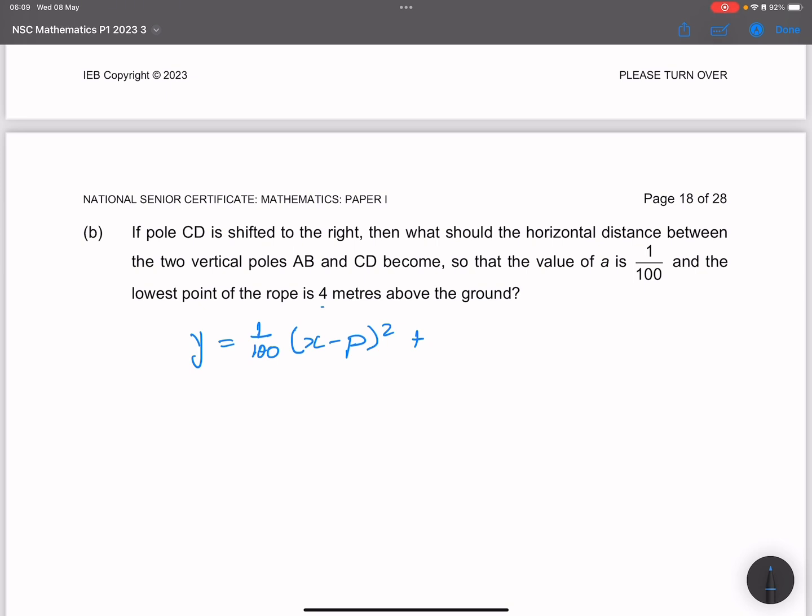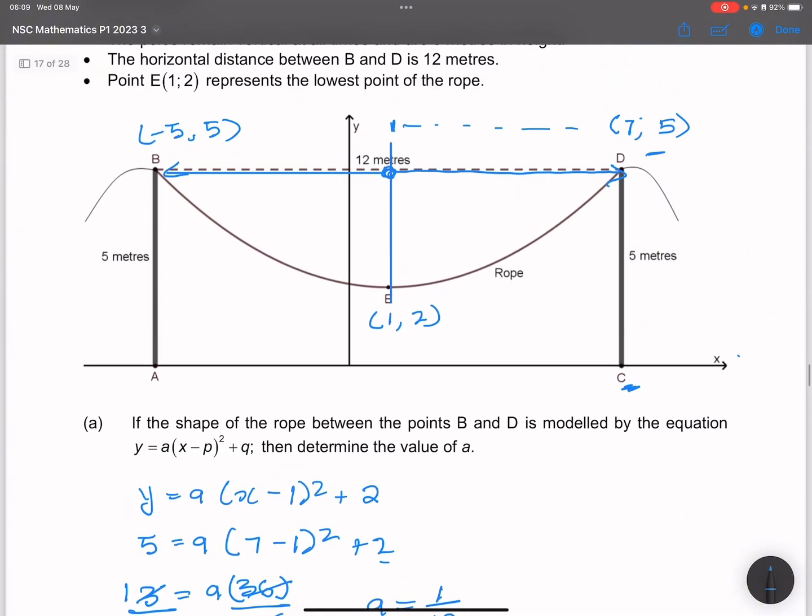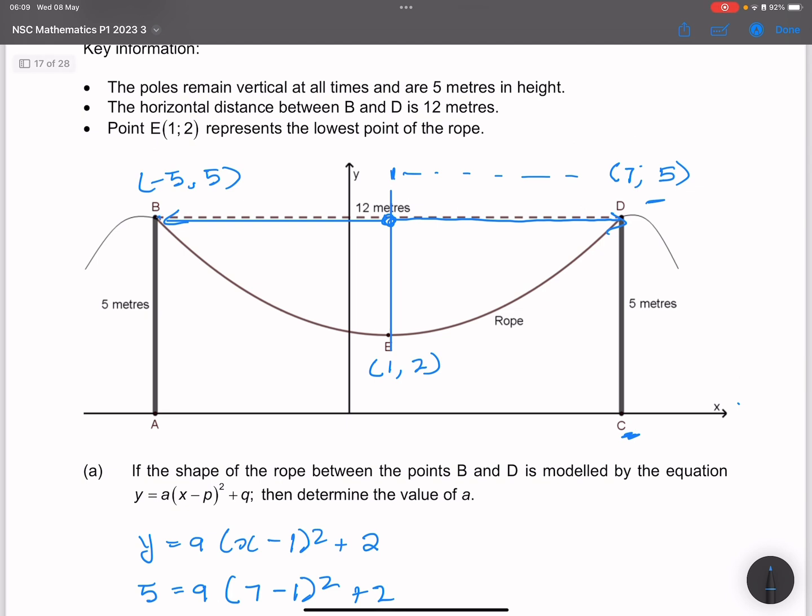In this case, they said the lowest value must be 4, so I know the y value of the turning point. So let's find what p should be. Which point can we substitute? I'm going to substitute the vertical pole AB, because that's still fixed. So it still is 5, and it's still at negative 5 as well.